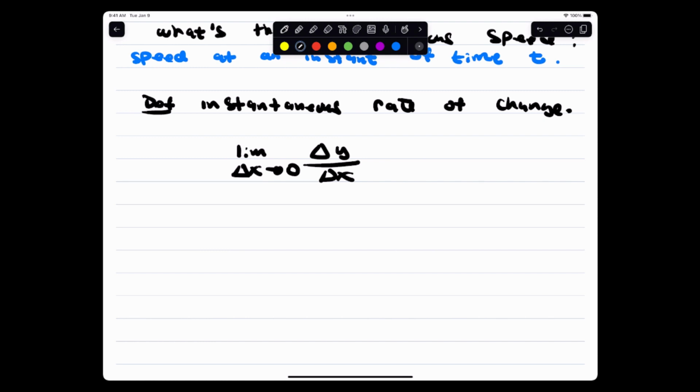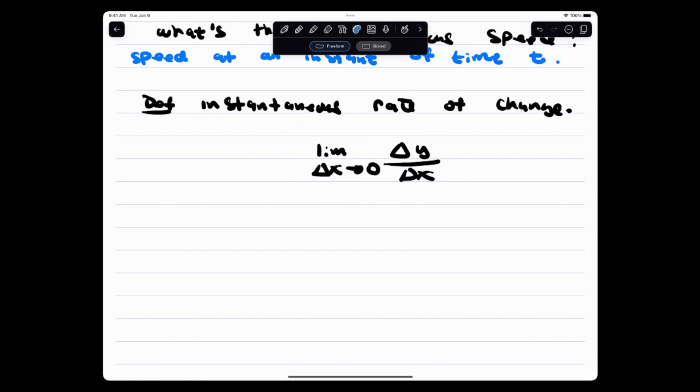So you have your average rate of change, and then you have your instantaneous rate of change. Now, you might say, what is this? This is actually the definition of your derivative. This is dy dx.